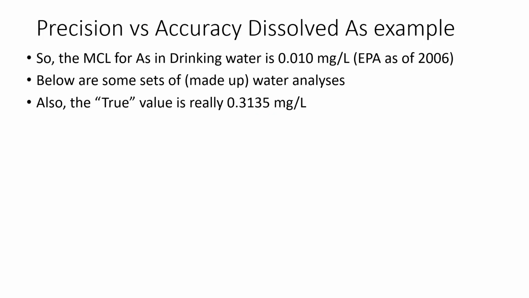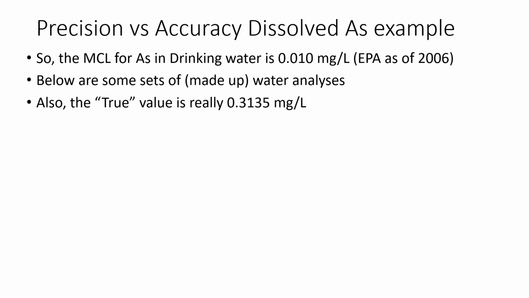So I wanted to work out an example here to show you what I mean by that precision versus accuracy. So EPA says that for arsenic in drinking water, the acceptable level is 0.010 milligrams per liter. So we have several different analyses here.